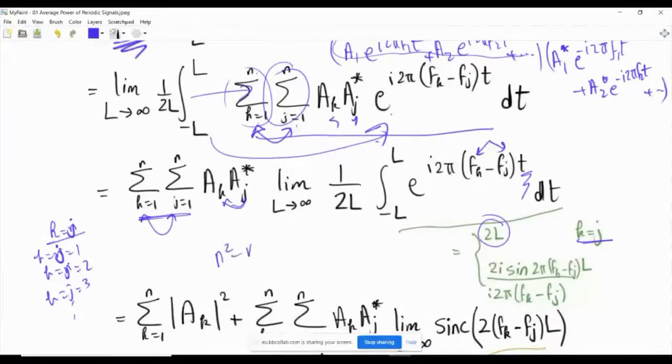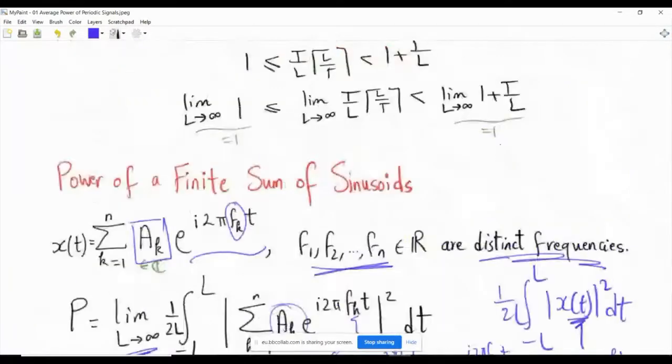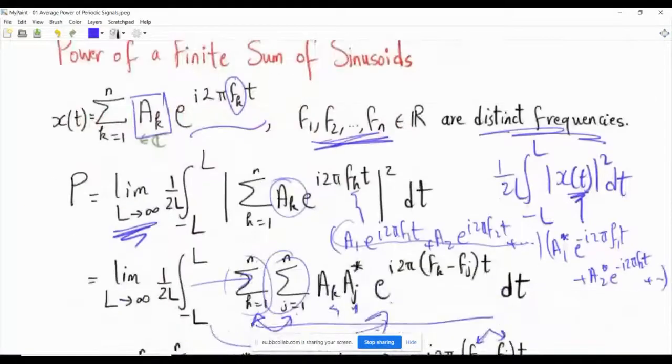Now there are n squared minus n terms in which k is not equal to j. And in that case, these two frequencies are different because of our assumption that the frequencies are different from one another.